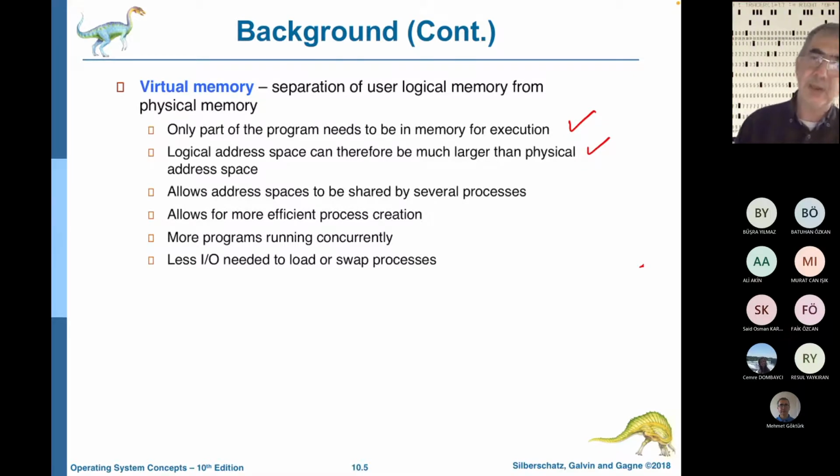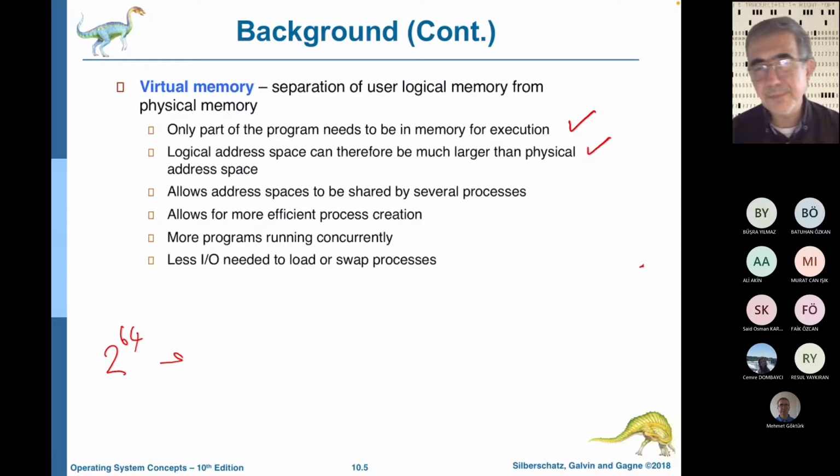For example, in logical address space, in a 64-bit architecture, you have 2 to the 64 bytes of addressable logical memory. Although some parts are reserved and not used, it can happen. Therefore, it's too big.